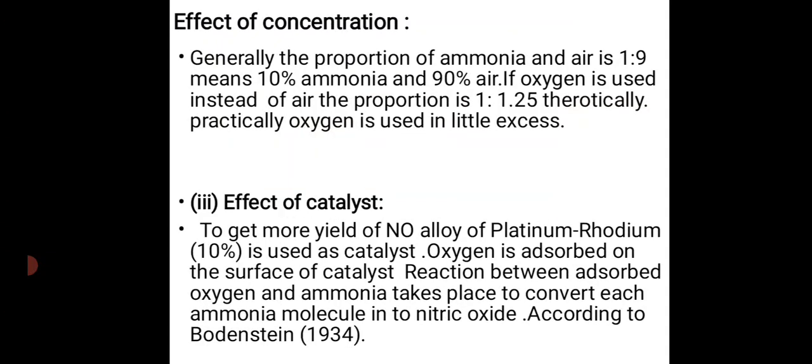Then next, effect of concentration. Generally, the proportion of ammonia and air is 1:9, meaning 10% ammonia and 90% air. If oxygen is used instead of air, the proportion is 1:1.25 theoretically.